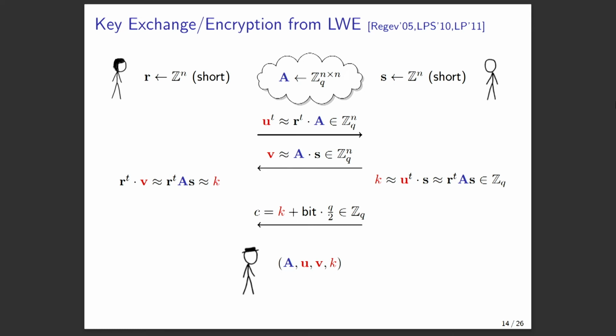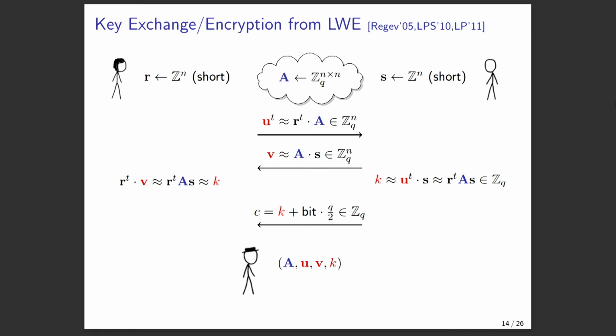So the eavesdropper sees the matrix A, sees Alice's public key U, and sees Bob's V, and sees the C as well. Or if you prefer, we could say that he's either given the real K, or just a uniformly random K. So what we're going to show is that all this stuff that the adversary sees is indistinguishable from all random independent stuff.